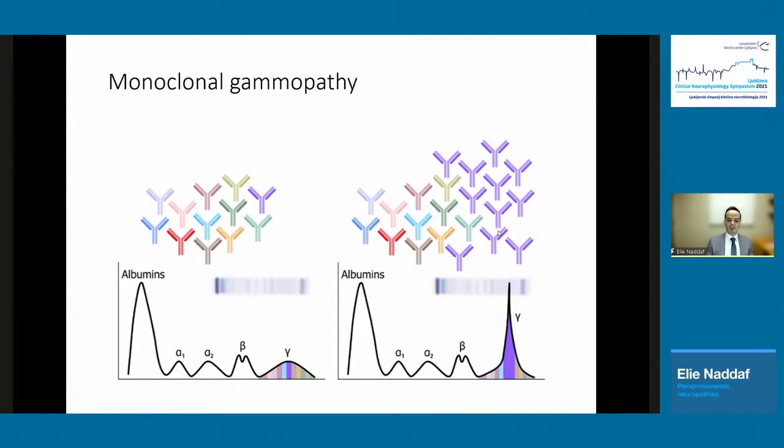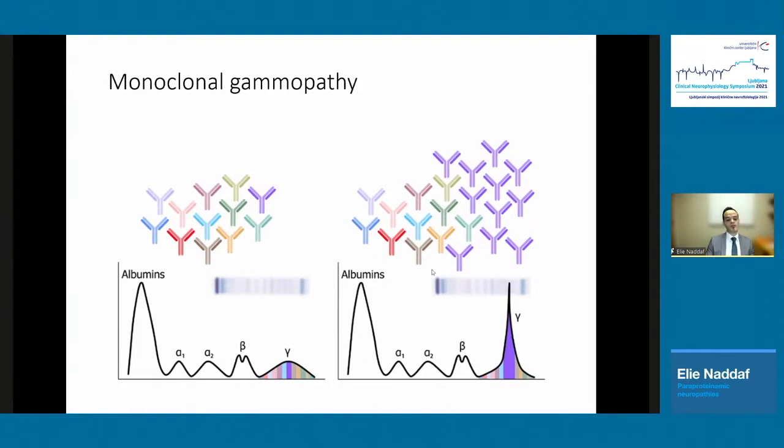For unknown reason or under certain circumstances, one plasma cell proliferates. And as all these cells come from the same original plasma cell, they all secrete the same protein. So they are a clone of cells secreting the same protein, and that's what's called a monoclonal protein.